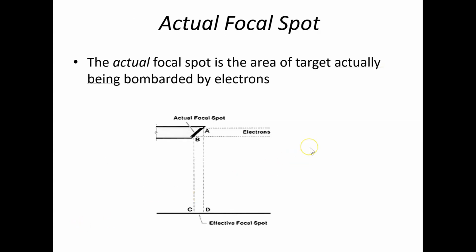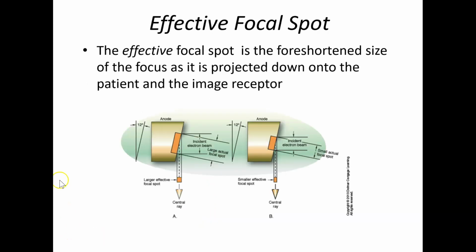Now, I mentioned actual focal spot. This is just reminding you that the actual focal spot is inside the X-ray tube. The effective focal spot is that which is projected down onto the patient. So the effective focal spot is foreshortened, and it's going to appear as a square.